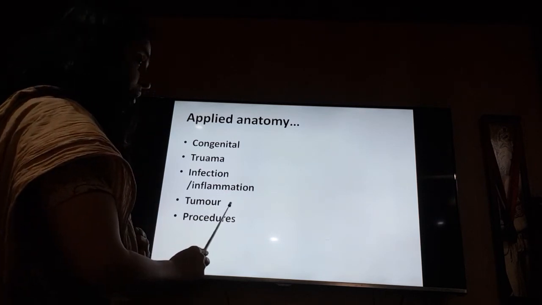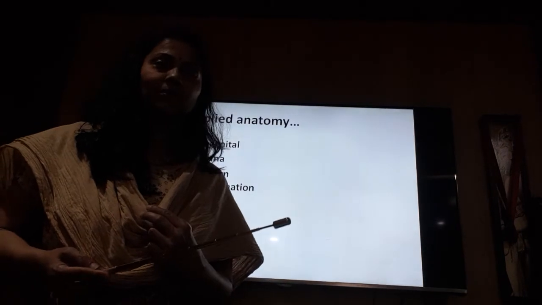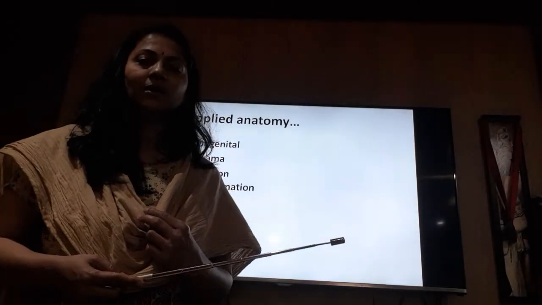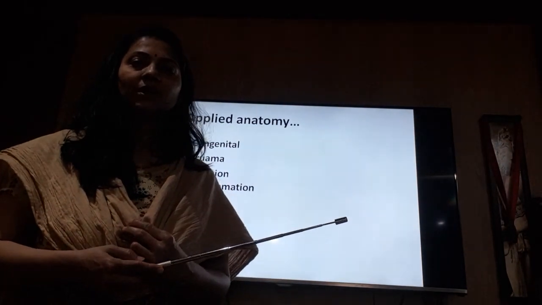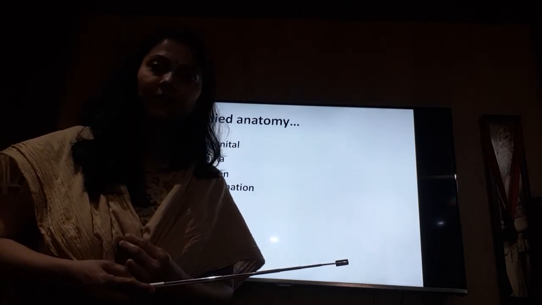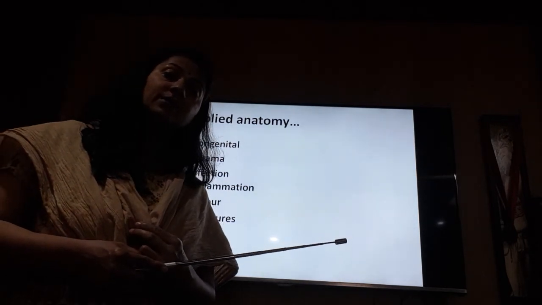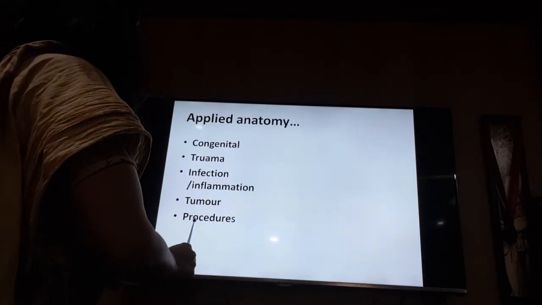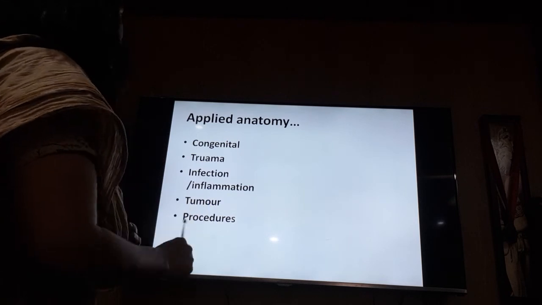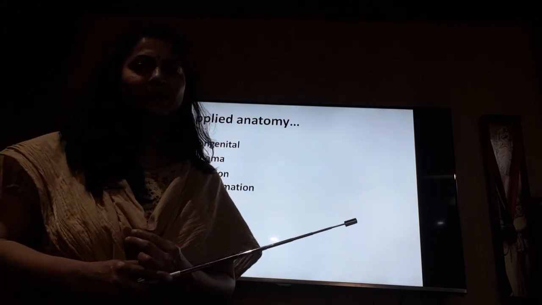There can be a tumor. Carcinoma is present everywhere, we know, so many people have pancreatic carcinoma, and it's very difficult to diagnose because the pancreas is present behind the stomach. And the procedures, meaning the surgeries that we can do on the pancreas.